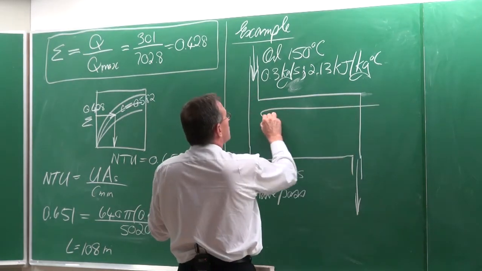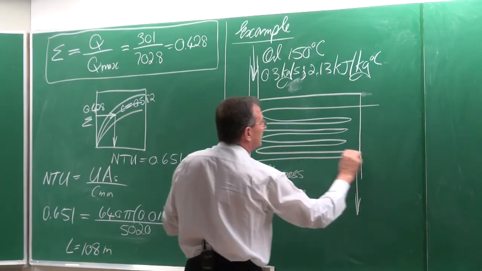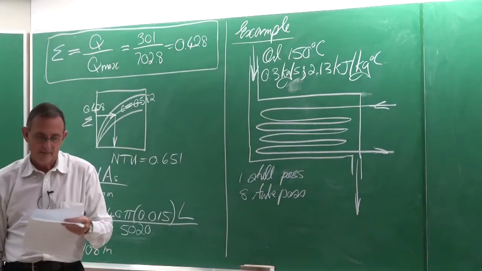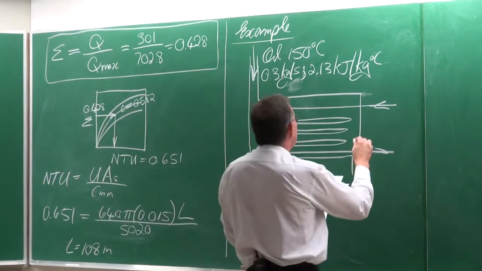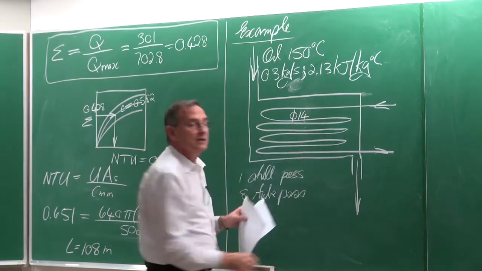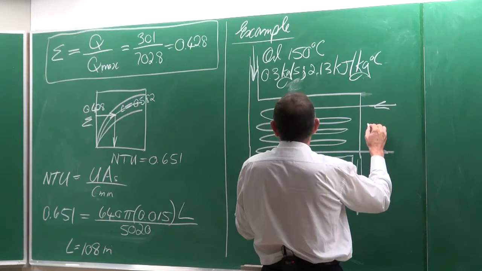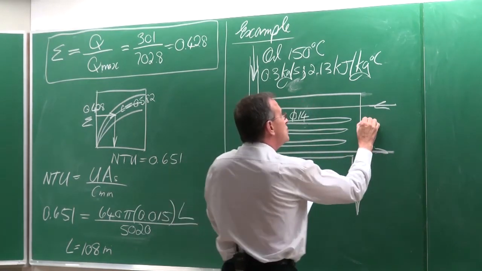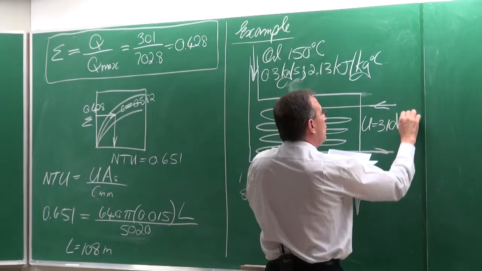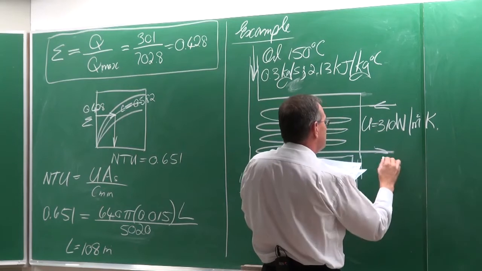This is now the tubes, 1, 2, 3, 4, 5, 6, 7, and 8, going in and out. The tube diameter is 14, thin tube. The overall heat transfer coefficient, U, is 310 watts per square meter Kelvin.